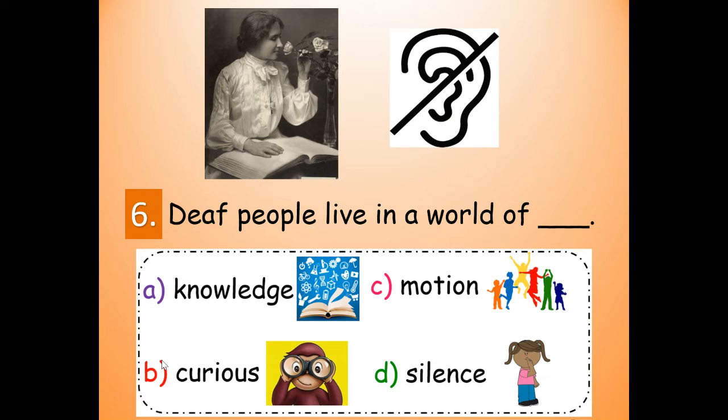What makes sense given our picture clues and where the word is in the sentence, the context? Silence. S-I-L-E-N-C-E. Deaf people live in a world of silence because they cannot hear.